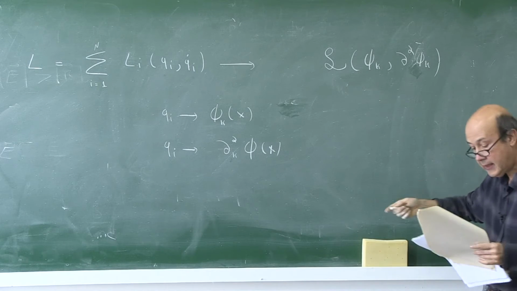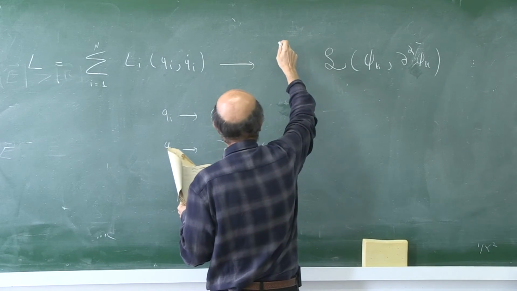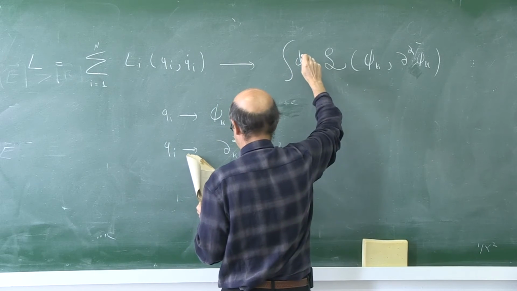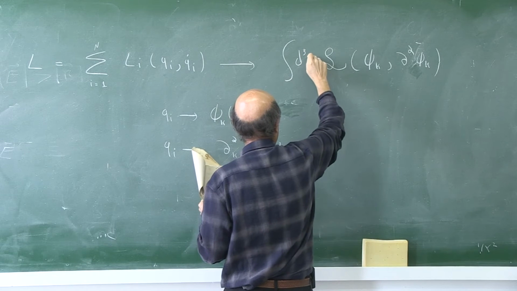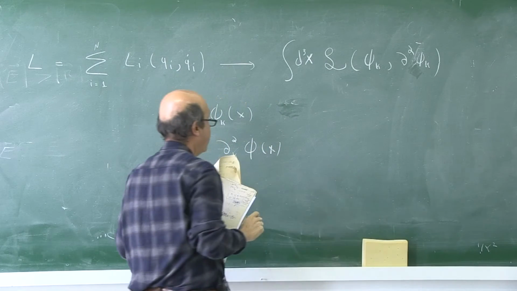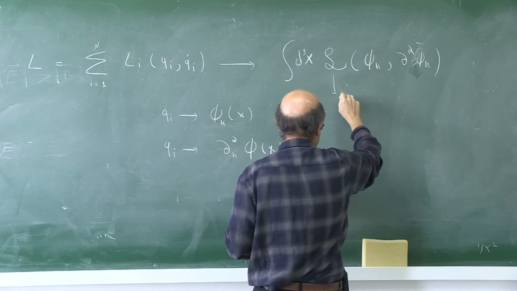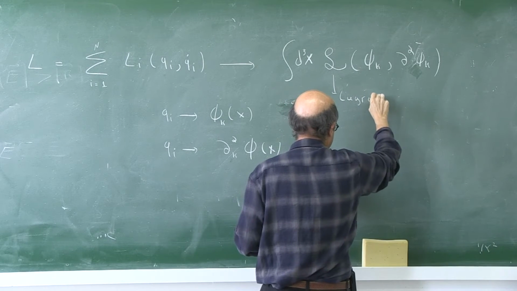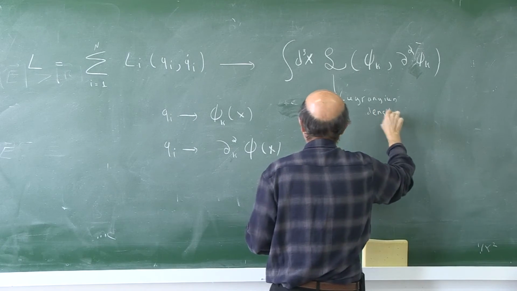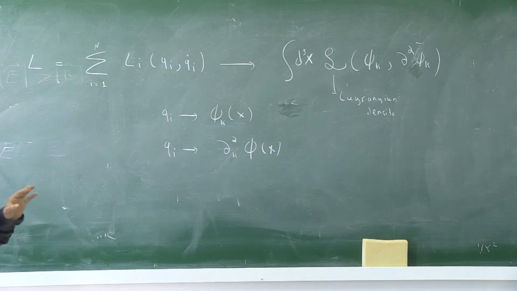And since this is the Lagrangian density, the Lagrangian is defined as a volume integral of this. So L is the Lagrangian density, and the volume integral is the Lagrangian. So this is the basic change.